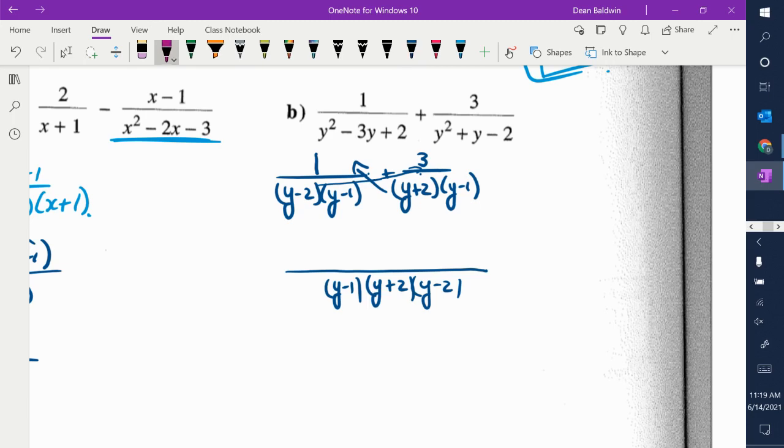Or if you want to think about it, you're multiplying this one by y minus 2 over y minus 2, and this one by y plus 2 over y plus 2. So the top is 1 times y plus 2 plus 3 times y minus 2.